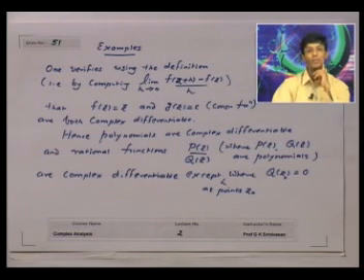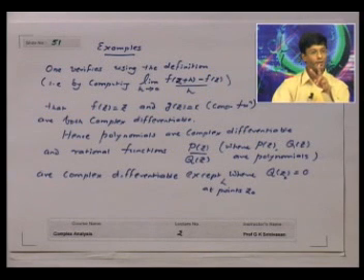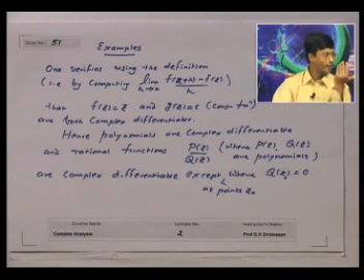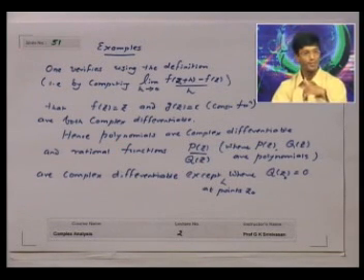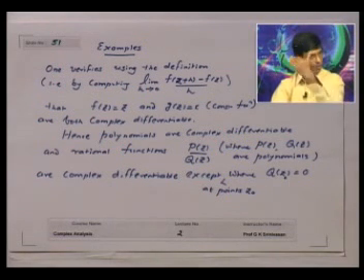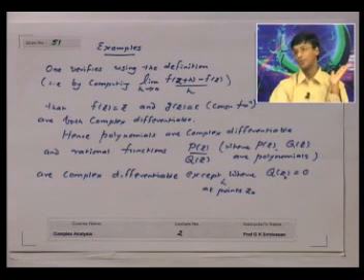And here is where the Cauchy-Riemann equations come in. Now, because of the two theorems that we have proved, I could take a pair of functions u and v such that del u by del x equal to del v by del y, del u by del y equal to minus del v by del x, Cauchy-Riemann equations are satisfied, and the 4 partial derivatives are all continuous, then u plus iv will be complex differentiable.